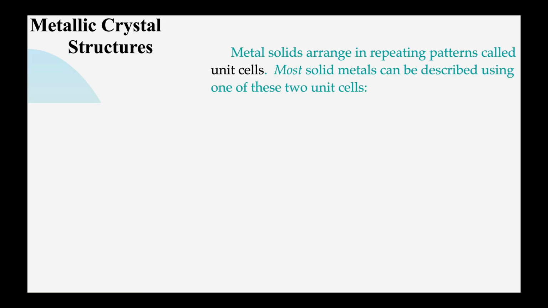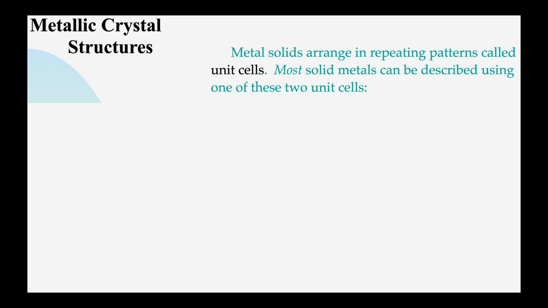This lab involves the unit cells of metals, or the metallic crystal structures. And these things are pretty common when it comes to metals. If you think of all the solids around you, from the metal around you to the wood and everything else, most of the solids can be broken down into very small repeating units. And they call these little pieces unit cells.